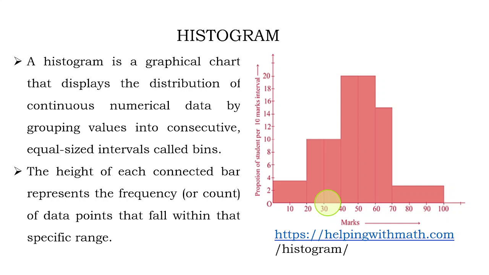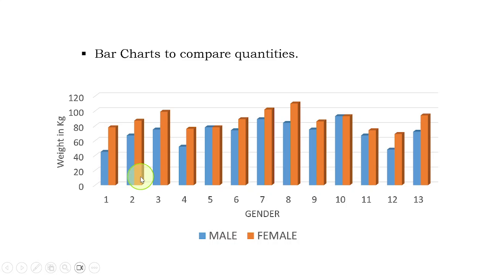The second feature is the bar spacing. When you look here in the histogram, the bars touch each other, which indicates that there is a continuous flow of numeric ranges here. Whereas in the bar chart, the bars don't touch each other, which means that these are distinct groups.